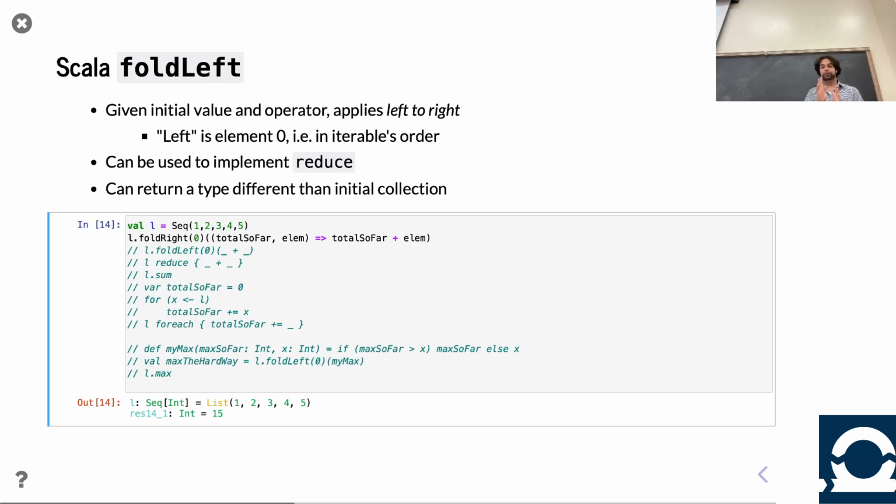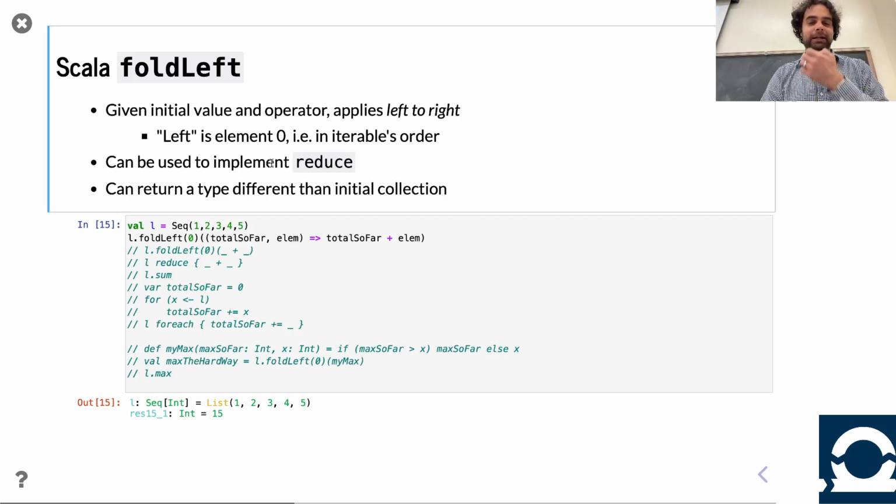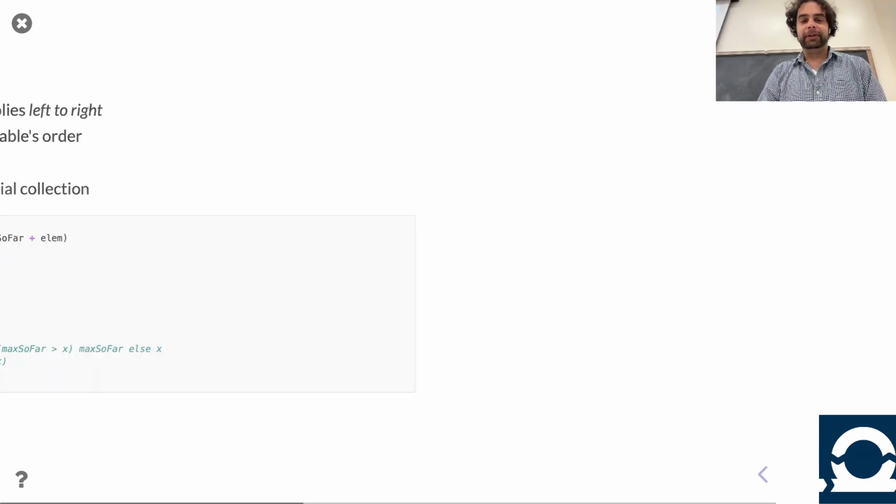This is glossing over an important difference, and that is that for fold right, the order of these two things coming into the function are flipped. So this works out because it's associative addition, right? But with fold right, it's actually element and then total so far. You can argue that either way, but they chose to make that choice. So we'll see that in a second with an example bit of code.